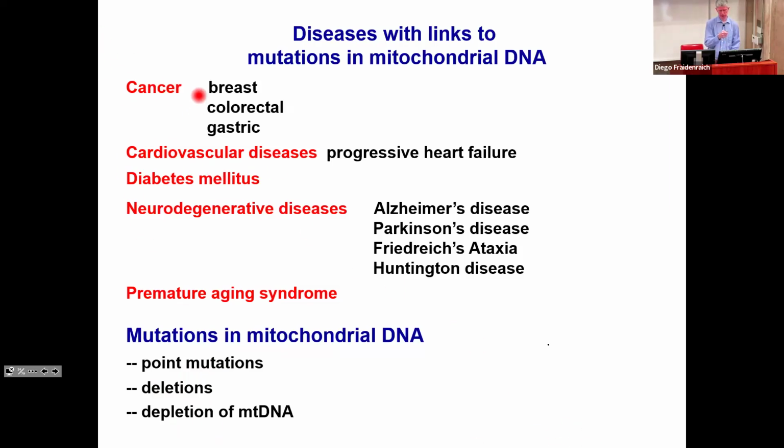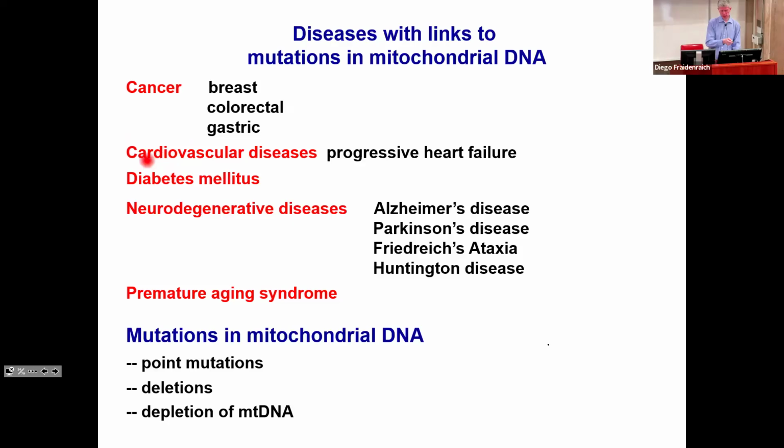You can see point mutations in mitochondrial DNA in various cancers. I remember a Science paper describing a point mutation in a specific tRNA gene in mitochondrial DNA that goes along with metastasis. They could show this point mutation in one tRNA is linked to inducing metastasis, the spreading of tumor cells in the body.